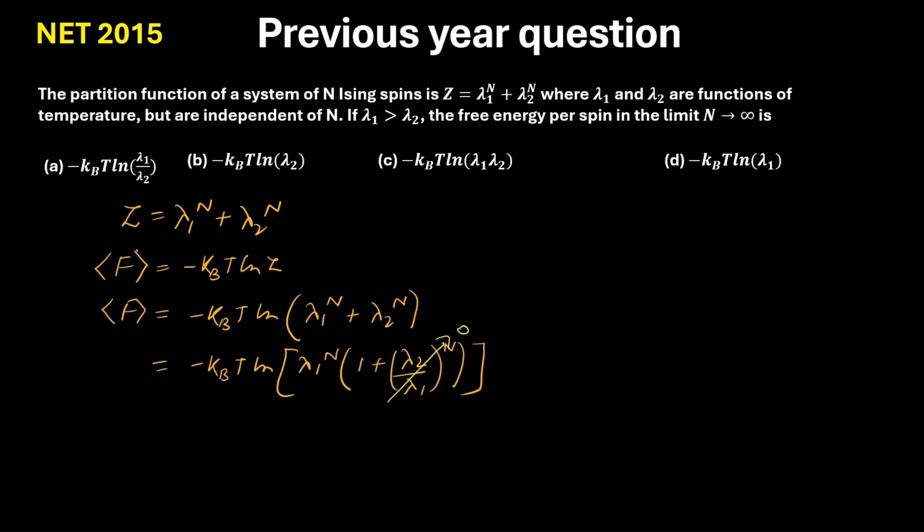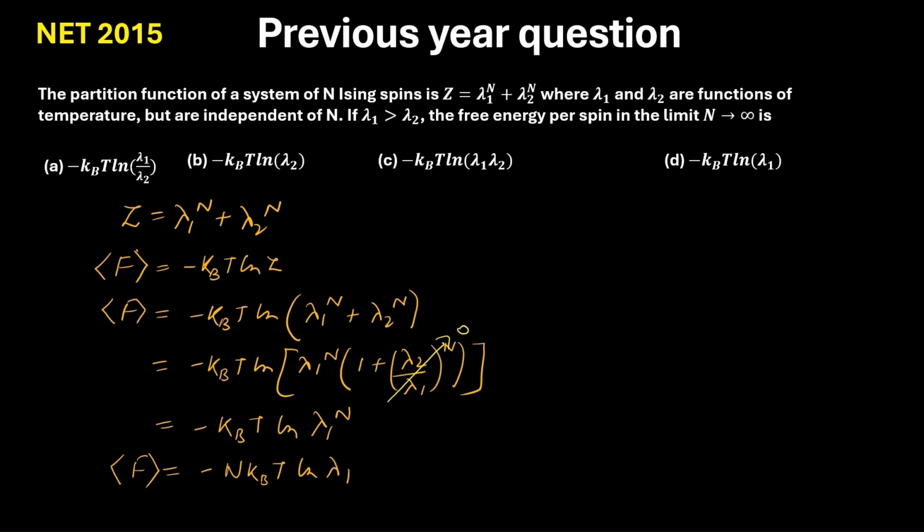So now I have minus kBT log of lambda 1 to the power n. So this gives minus n kBT log of lambda 1. So this is the free energy under the condition that lambda 1 is greater than lambda 2.